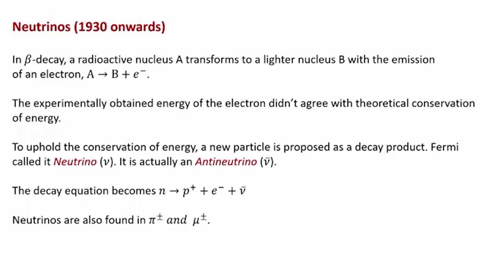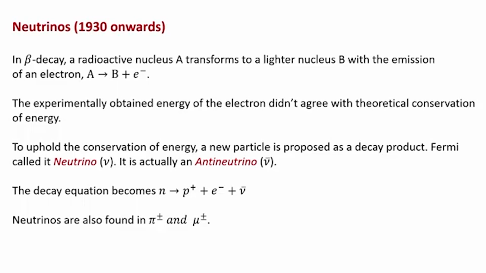There was another anomaly: the experimentally obtained energy of this electron did not agree with the theoretical conservation of energy. So, it was probably at the verge of giving up the conservation of energy requirement, but then Fermi proposed that there be a new particle which carries the difference in energy.